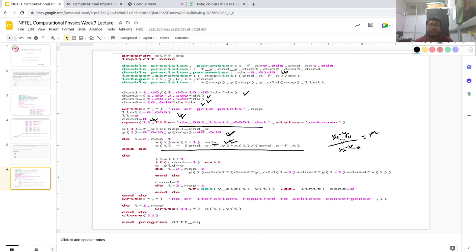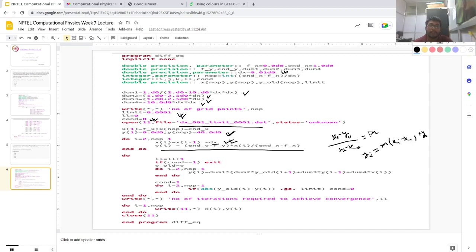And this way you can write that yi is going to be m times xi minus x naught plus y naught, right? So in this way you can calculate the values of yi here. Okay, so this is essentially the thing.